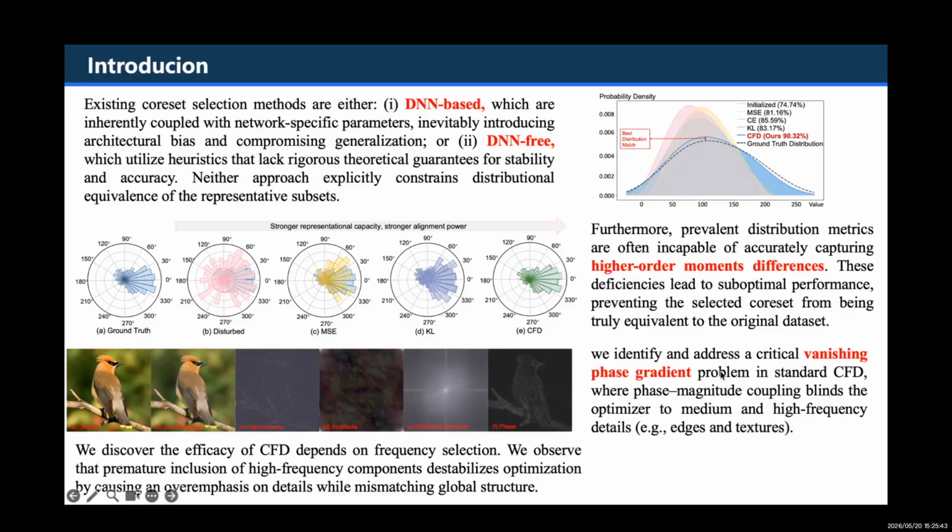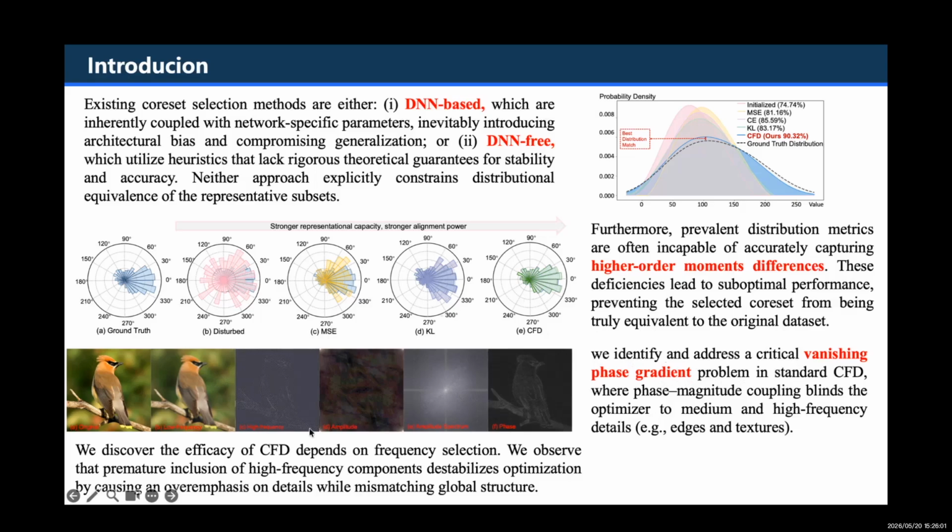We also identify some problems of the naive CFD, and the most critical thing is the vanishing phase gradient problem in the standard CFD, where the phase-magnitude coupling blinds the optimizer to medium and high frequency details. Here is an example, a picture of a bird.